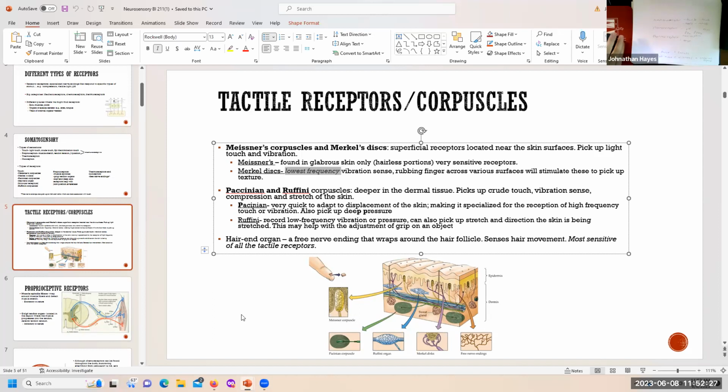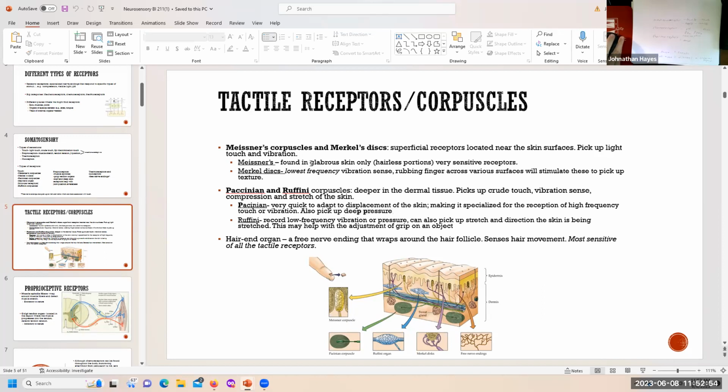The most famous, of course, of the tactile receptors are the Meissner's corpuscles and the Pacinian corpuscles. So Pacinian, just think deep pressure. It's located deeper in the dermal tissue, further down here. It's more encapsulated, so it takes more pressure to stimulate those things, versus Meissner's corpuscles, which are found closer to the surface of the skin, and they are much more for fine touch, discriminative type touch.